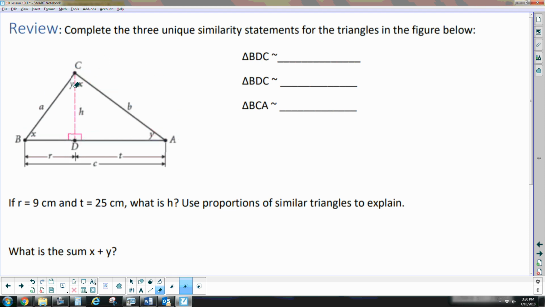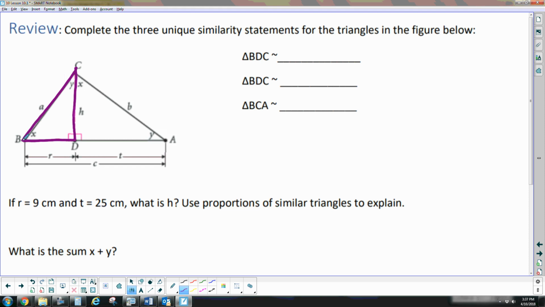So with those three triangles, we're looking to see which one is similar to triangle BDC. So we're going to focus on this triangle, BDC. So with similarity statements between triangles, remember that you have to have three congruent angles.